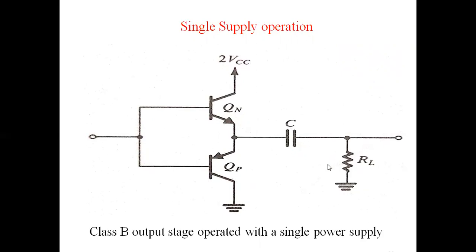Note that for more precise operation, we have given a single power supply, denoted by 2 times VCC. This is how the circuit looks when the class B output stage is operated with a single power supply.